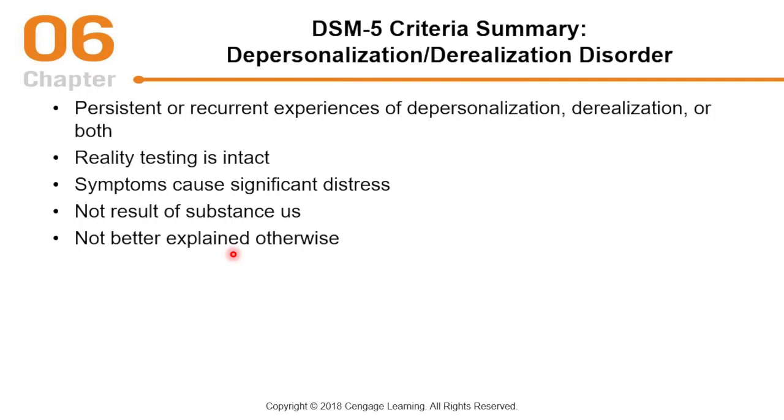Okay, so for the DSM-5 criteria, it's a persistent or recurrent experience of depersonalization, derealization, or both, although reality testing is intact. So how do you test reality testing? You can estimate the reality testing by using the mental status examination, specifically with their orientation, the sensorium part, to see if they are still in reality.